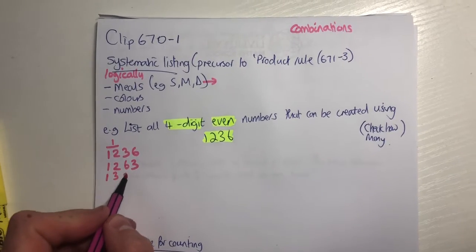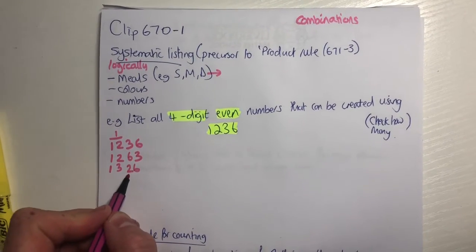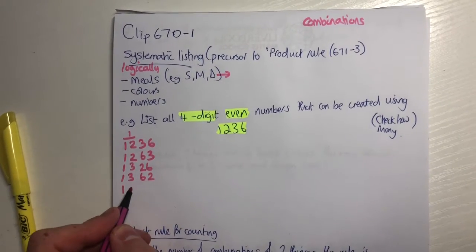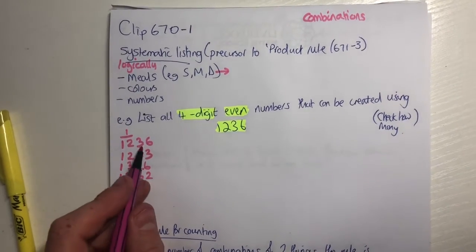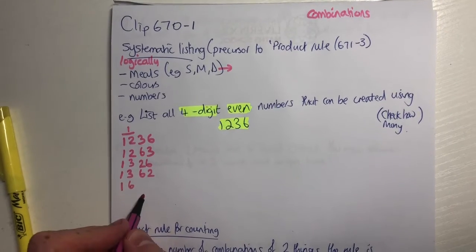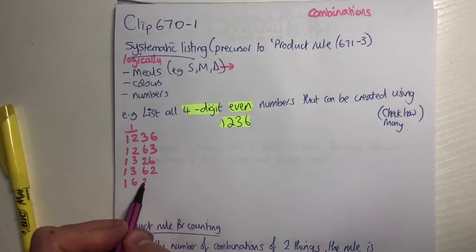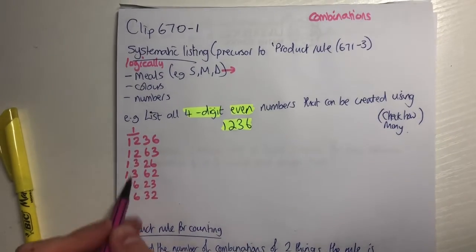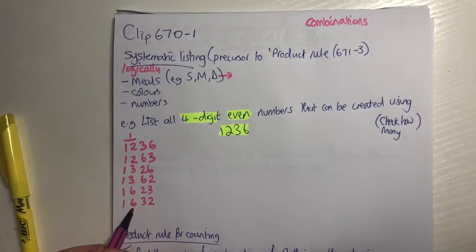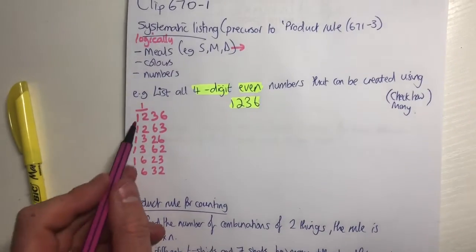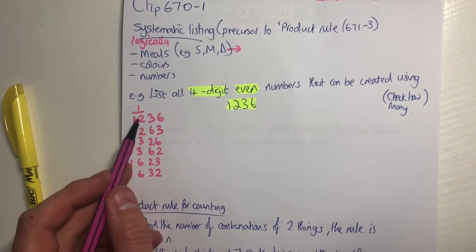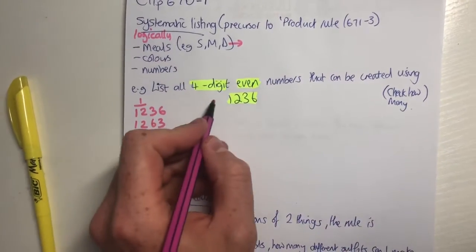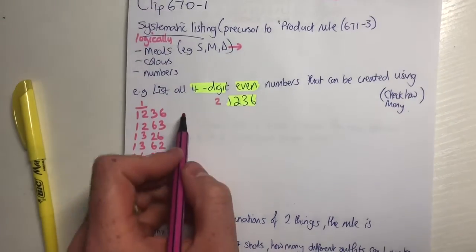But I could also have 2, 6. So 2, 6 and 6, 2. And then 1 stays the same. The other number I've got left is 6. And then I could have 2, 3, and I could have 3, 2. Now, is there any more I can put in that second digit? No, that's it. So out of all the 1s to start with, there are 6 different ways. Now, I've not answered the question yet. We're just listing the numbers.